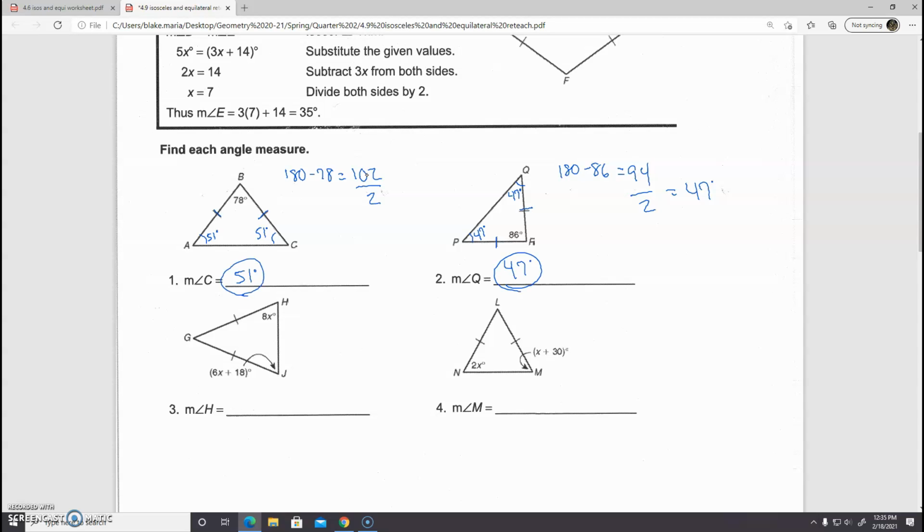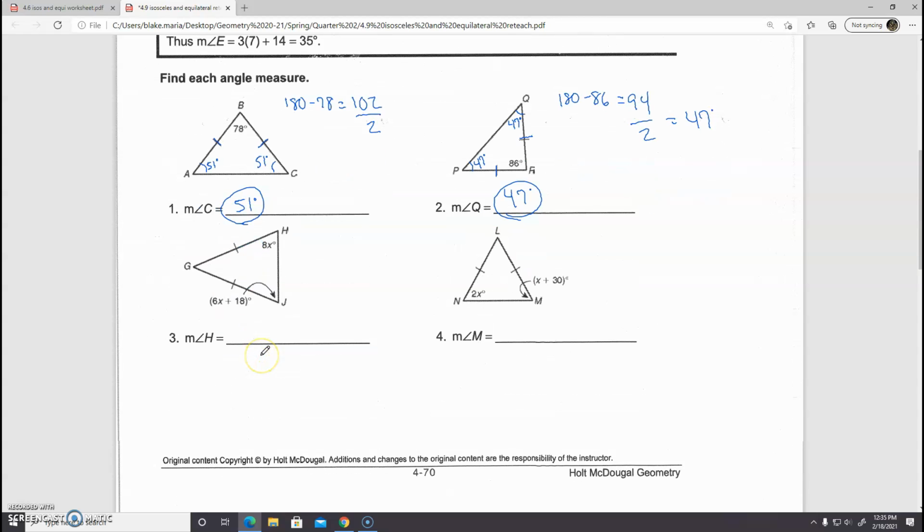Now, of course, they do get a little more complicated. So again, you see those sides are equal. So the angles across from them, angle H, should be equal to angle J. So the sides across from them should be equal. So 6x plus 18 has to equal 8x.